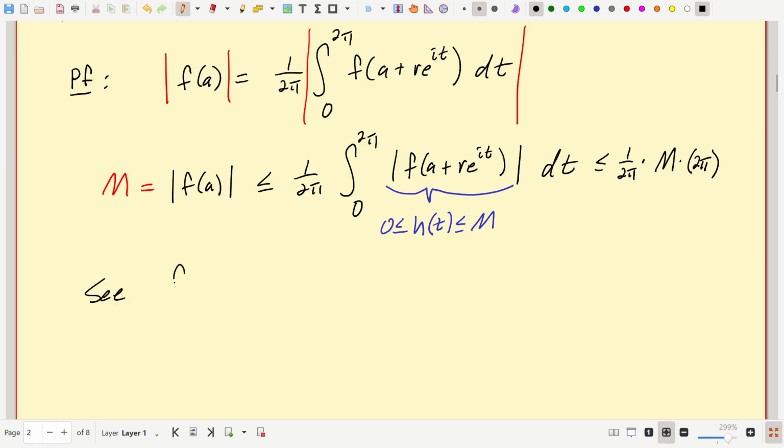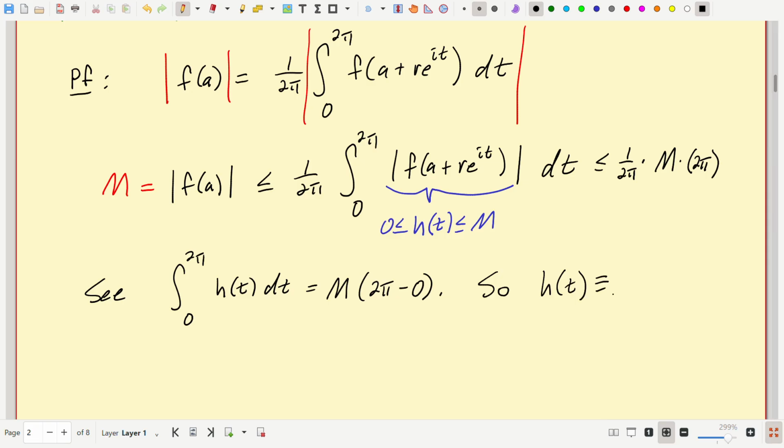We see that the integral from 0 to 2 pi of h of t dt equals the max times 2 pi minus 0. So h of t is identically equal to M on the circle.